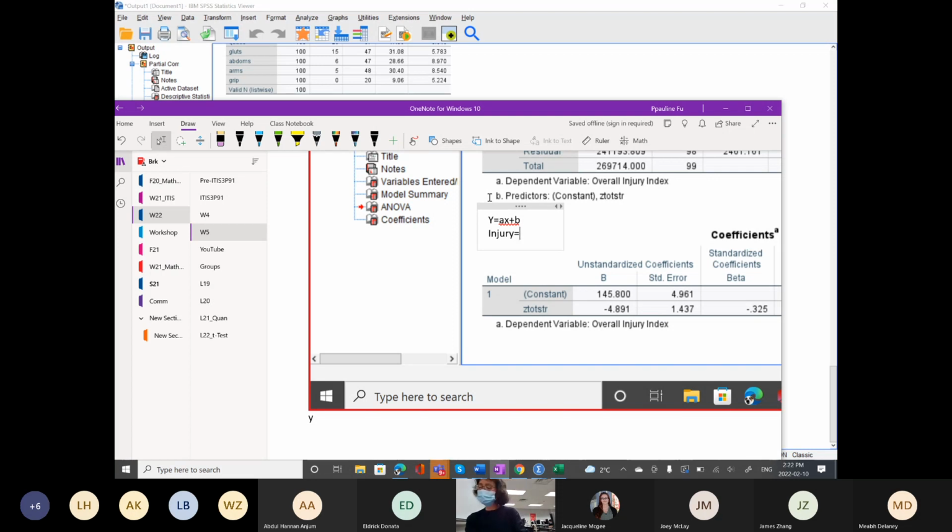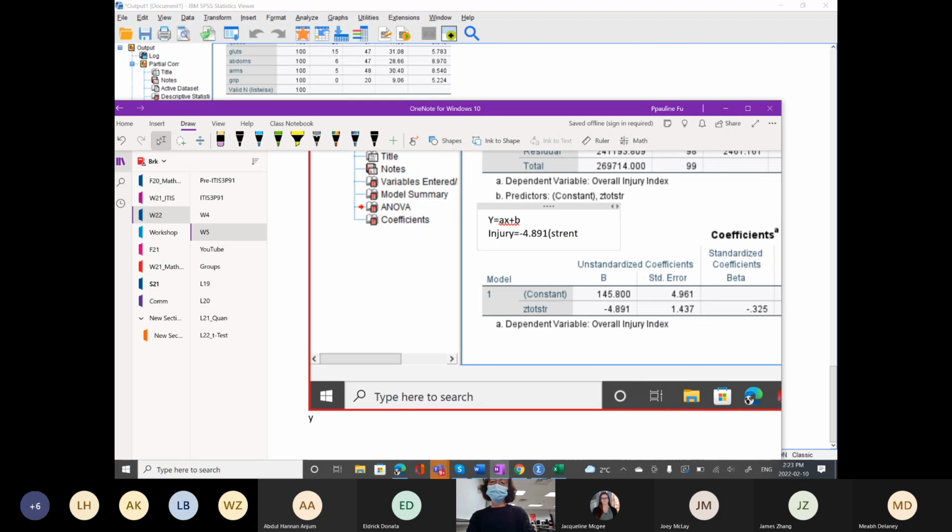Okay, so in this case, y is injury. Injury equals ax, a is the slope, negative 4.891. This is a slope times x. X is the overall body strength. Remember, x is you add all the 5 variables together. Those 5 variables represent body strength. Okay, so we call it maybe just strength.